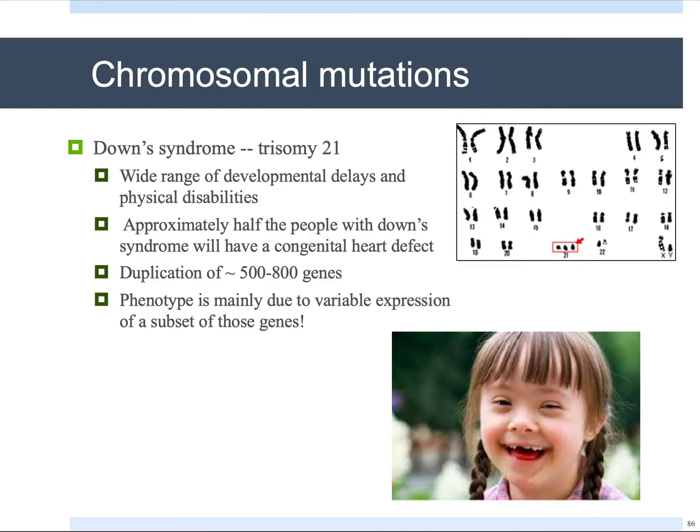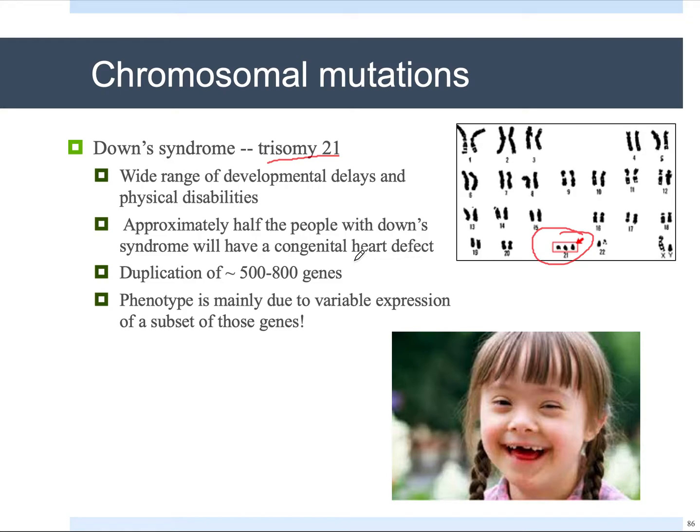Then for these mutations, how are they expressed? If you have a duplication of chromosome 21, as happens in Down syndrome, also called trisomy 21, then you end up having 3 of the chromosome 21 instead of 2.